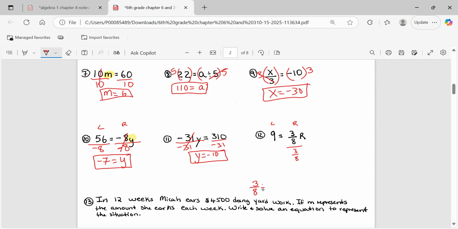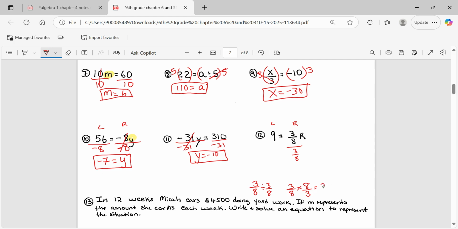3/8 divided by 3/8. Well, we know that when we divide a fraction by a fraction, we actually multiply by the reciprocal. So we keep the first one, we change the sign, and we flip the second one, the reciprocal.